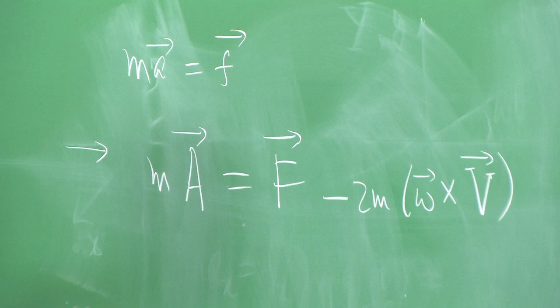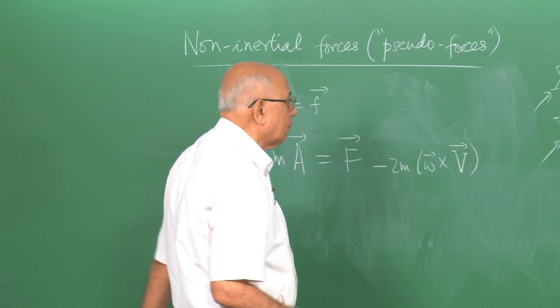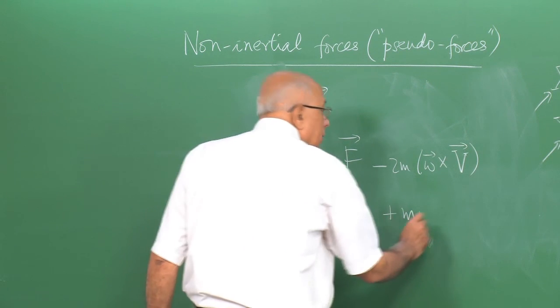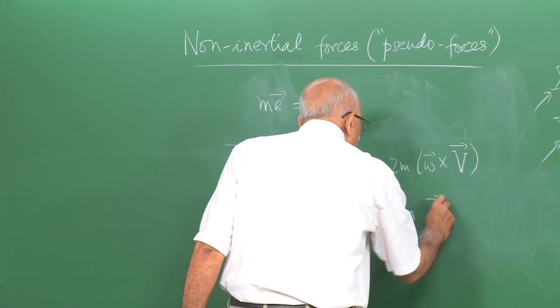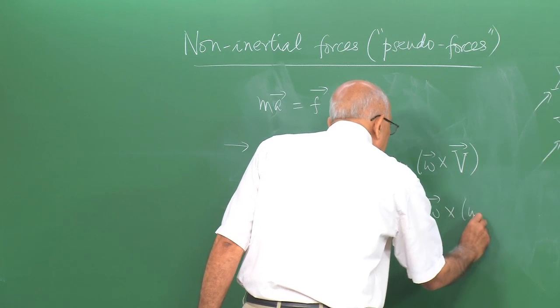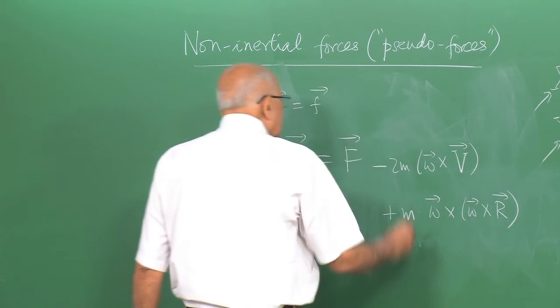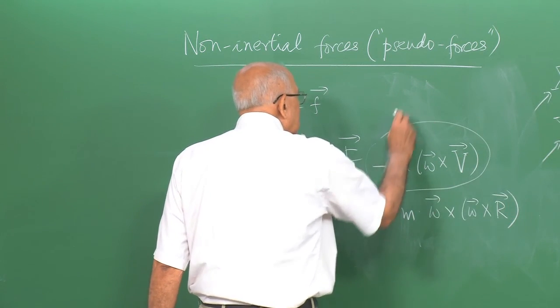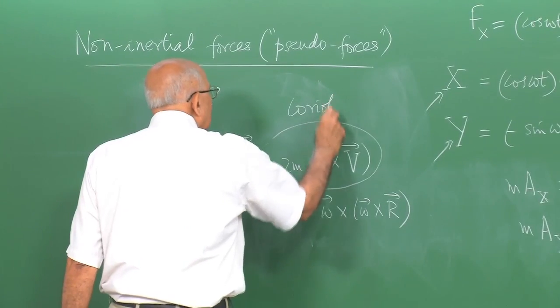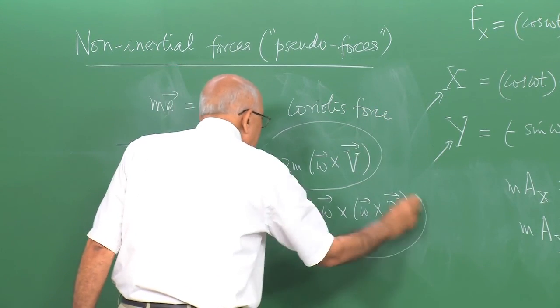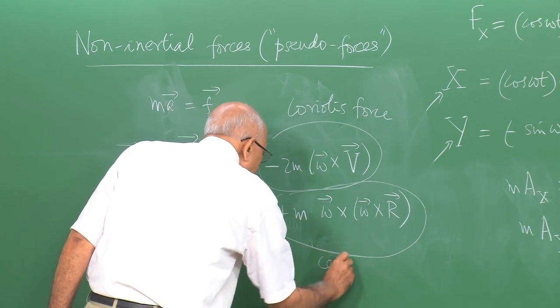So everything in this equation refers to the new frame of reference, the rotated frame of reference, plus m times omega cross R. That term is the Coriolis force, and that term is the centrifugal force.